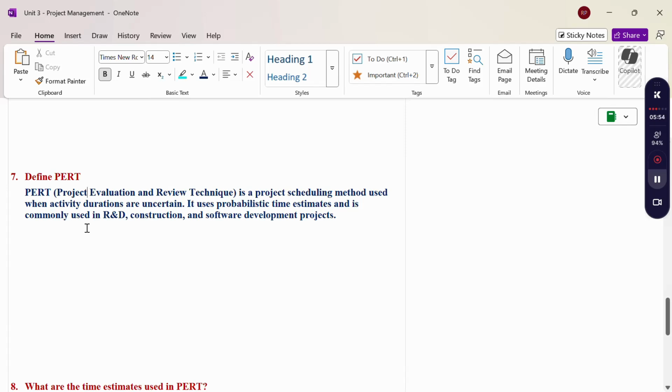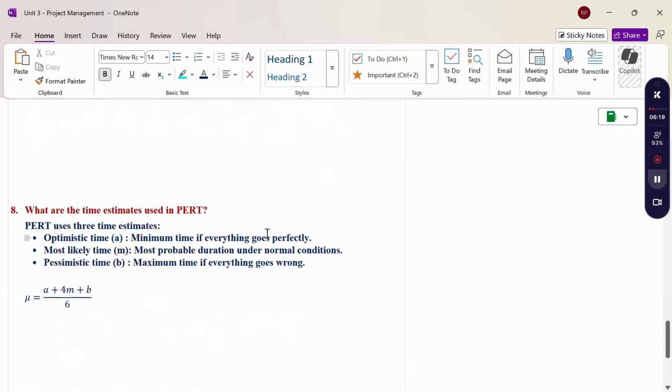It uses probabilistic time estimates and is commonly used in R&D, construction and software development projects. So what is the main purpose? We identify the level, whether good, bad or normal. Based on that we are going to plan any construction.